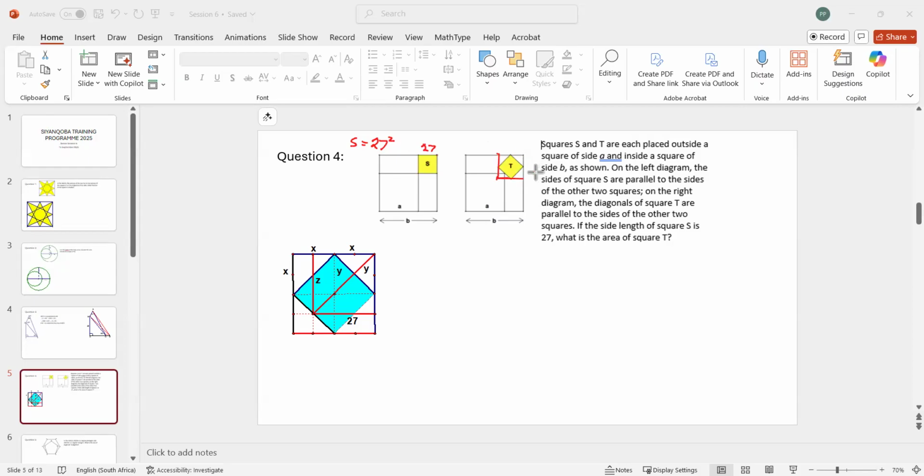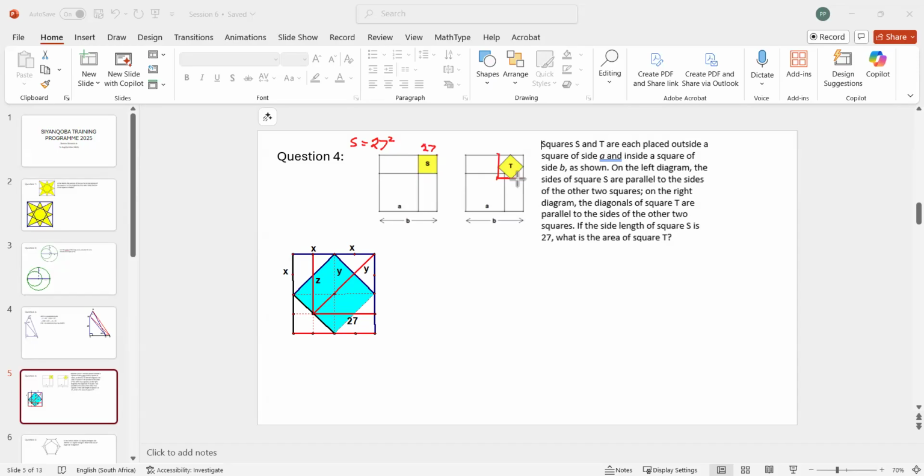So you've got a bigger square here, and so it's like this square T is sitting inside this larger square. All right.